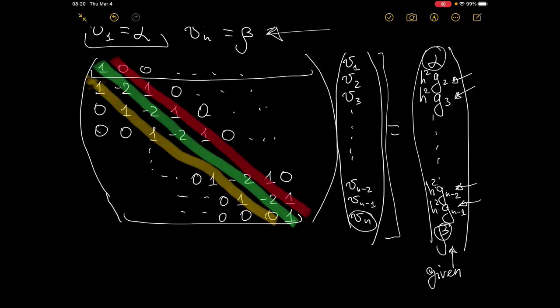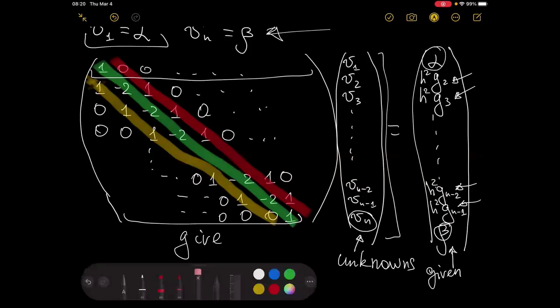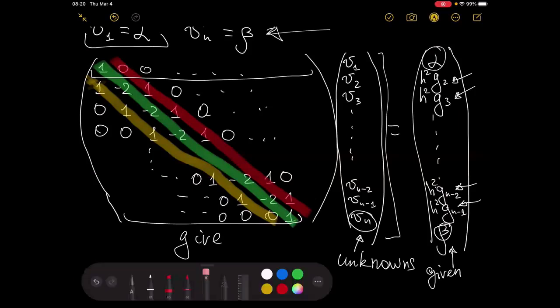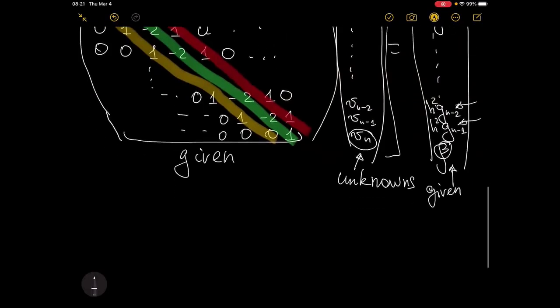This is the vector of unknowns, and this is also given. Or we can say that we calculated that using our discretization. So that's it. Now what is interesting, we have a so-called tridiagonal system.